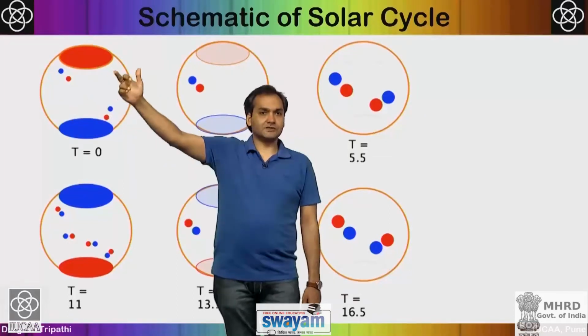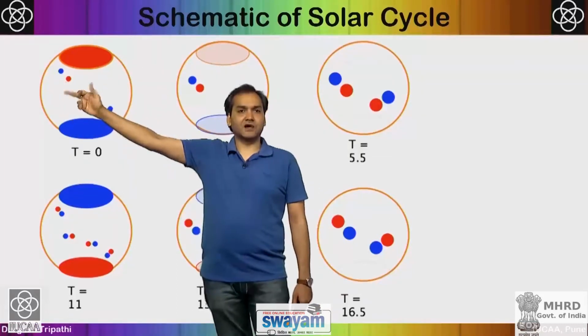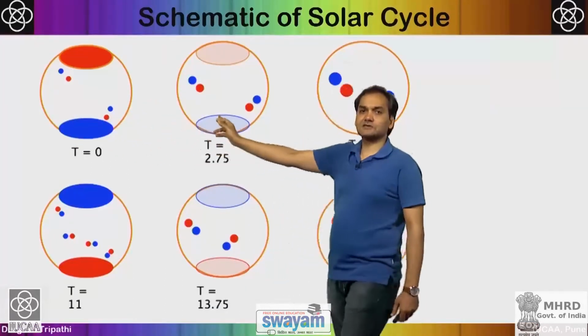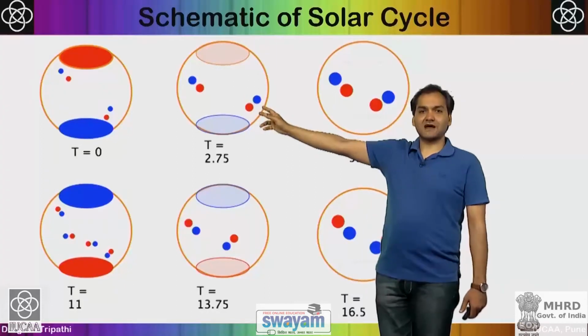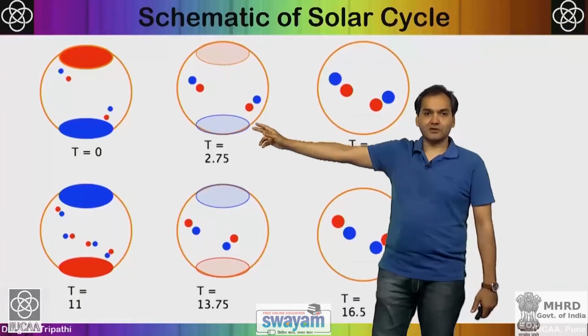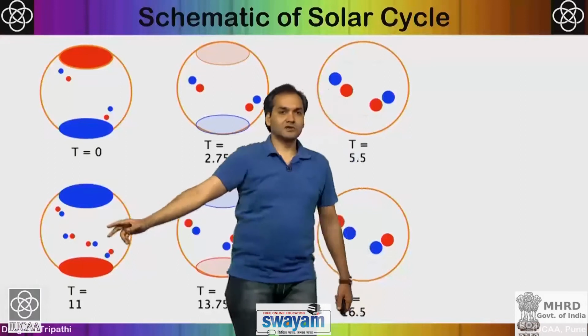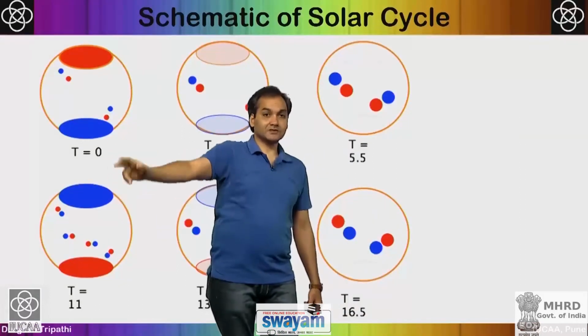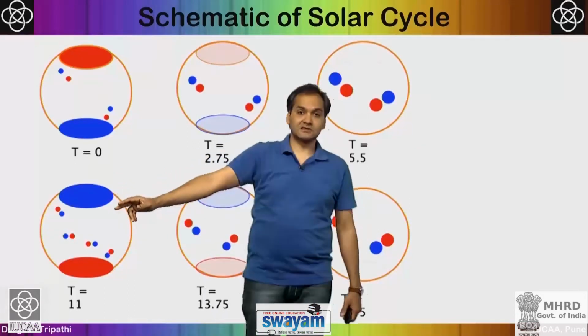Let us say these two regions appear at two higher latitudes here and there, and they migrate towards the equator from both sides, and eventually in about 11 years you convert the sun to be a complete opposite dipole as it was 11 years ago, and then the cycle continues.